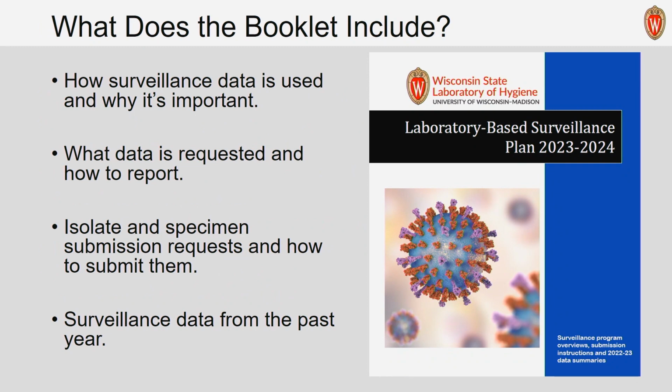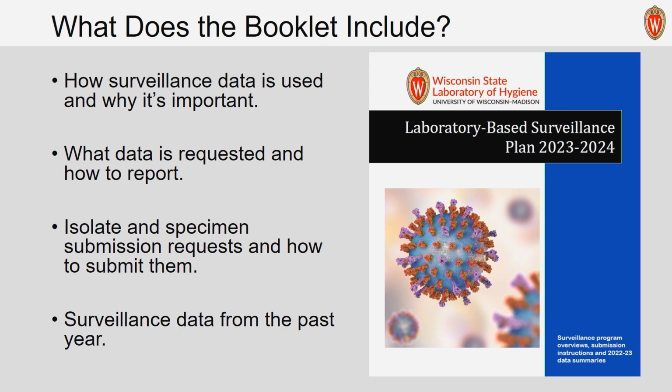And so to support this national surveillance and this local surveillance, we put out a booklet every year called our lab-based surveillance plan. And our newest version, you can see the picture here, has already been sent out to all clinical labs in the state. So if you haven't had a chance to see this, we'll also have some of these booklets on our front desk where you signed in earlier today if you want to take a closer look.